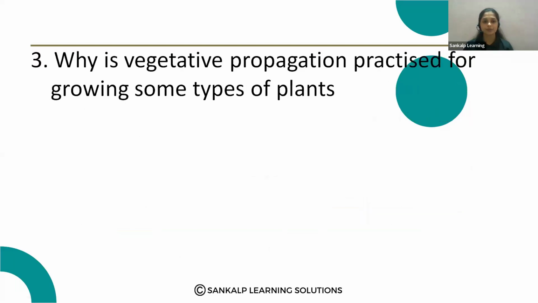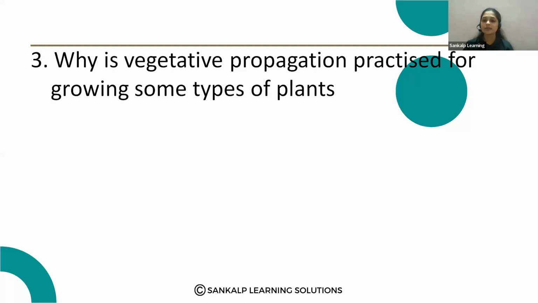Third question is, why is vegetative propagation practiced for growing some types of plants? So why is this type of vegetative propagation used? You know that in vegetative propagation, they may use stem cutting or root or leaves. So any part of the plant can be used for the propagation.